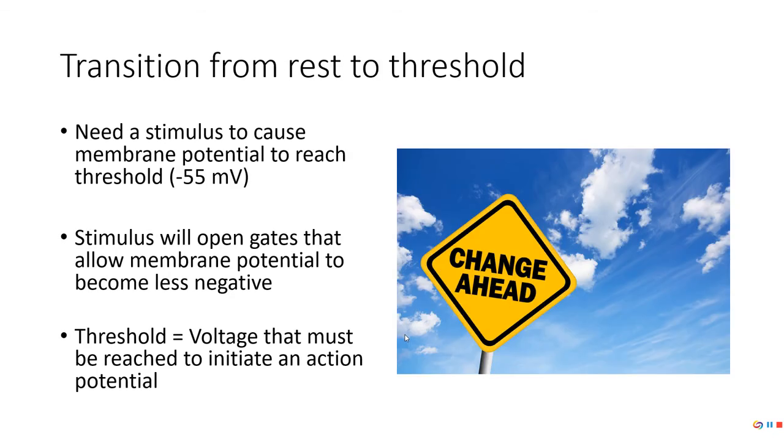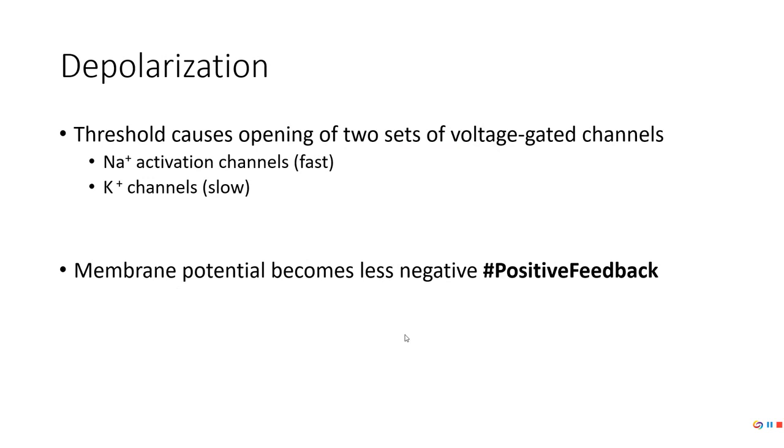Threshold is the point where the magic starts to happen. These are voltage-gated channels: the sodium inactivation, sodium activation, and the potassium gates. For some of them, things change when we get to -55. When we hit -55, we start depolarization. De means less, polarization means negative, so we're becoming less negative.